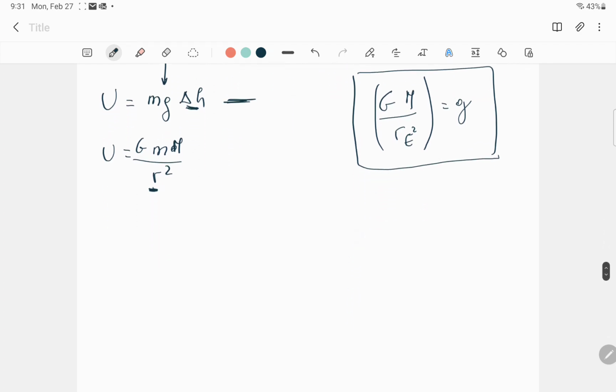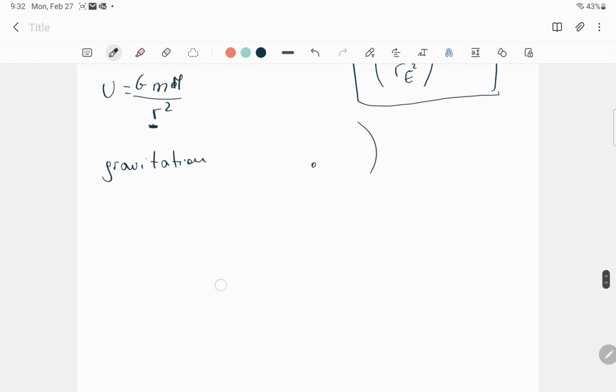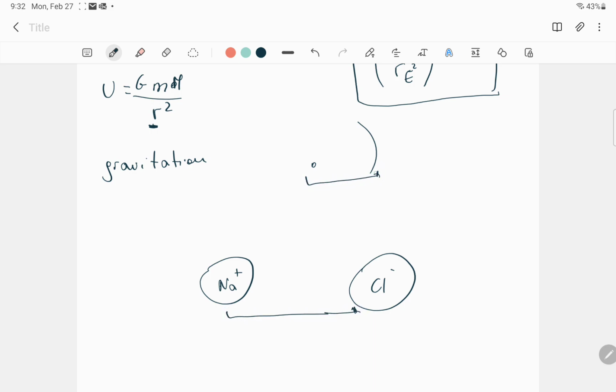So this equation is super important either in gravitational situations, when you're dealing with planets, stars, stuff like that, or when you're also dealing with molecules. If you have, for example, a cation and an anion, those two charges will have some kind of potential energy on their own, but when they are in proximity to each other, it becomes a situation like this.